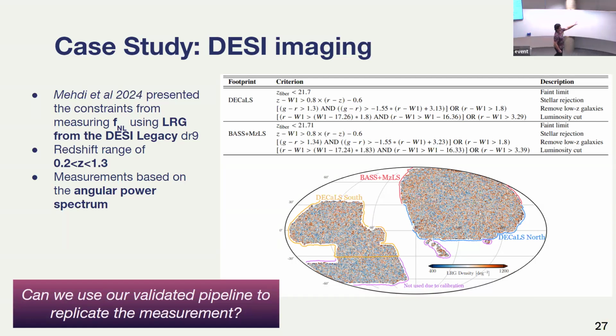But the measurements that he did in his paper were based on the angular power spectrum. So our idea was that maybe we can use the angular correlation function and double check that we get consistency between the results that he got from his data sample, that we recovered the same.